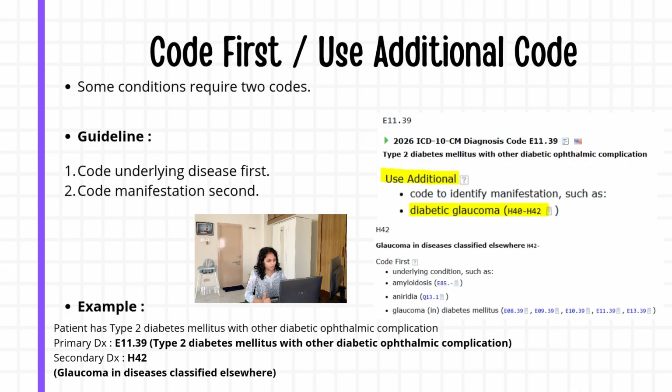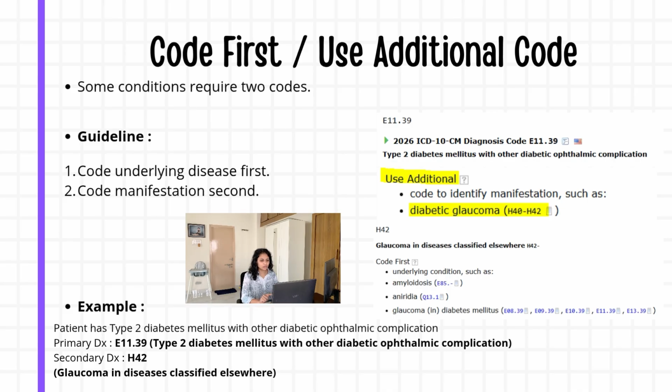Because using both diagnosis codes provides a complete clinical picture. Here you can see the use additional code note beneath the code E11.39, which is saying that along with E11.39, use additional code for diabetic glaucoma. Also, there is a code first note beneath the glaucoma code, which is saying that code first diabetes mellitus, then code for glaucoma.